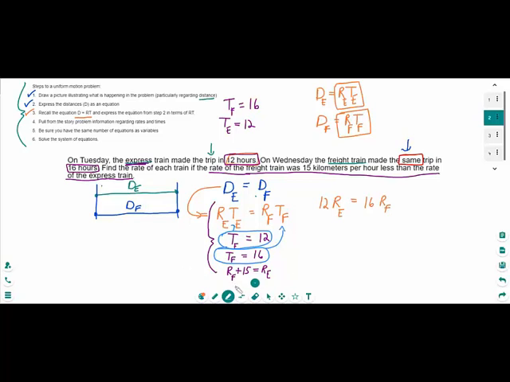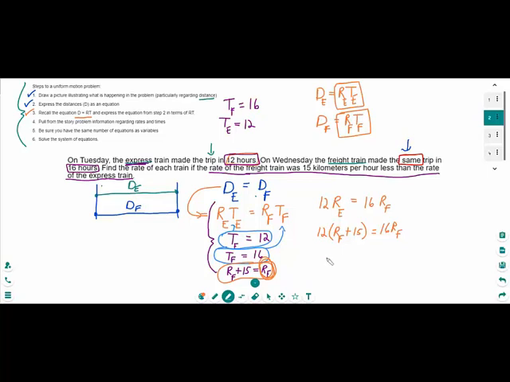Okay, well, let's look at this last equation. We can recognize that this one has been solved for the r sub e. Okay, so we can plug this into the r sub e. So that's going to give us 12 times r sub e, which is the same thing as r sub f plus 15, equals 16r sub f.